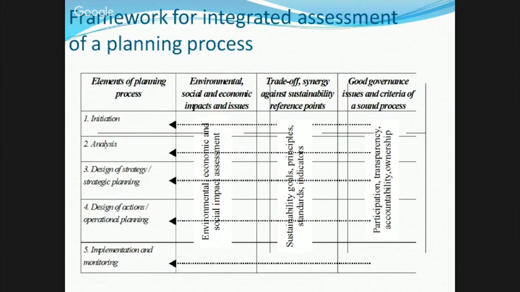Basically, we have to think about environmental, social and economic impacts and issues, and good governance issues, and all those things are to be related. So we need different strategies. We have to collect the data, analyze the data, design the strategies, carry out the various actions, and then implement those actions. Only then will we achieve these three types of environmental, social and economic sustainability.